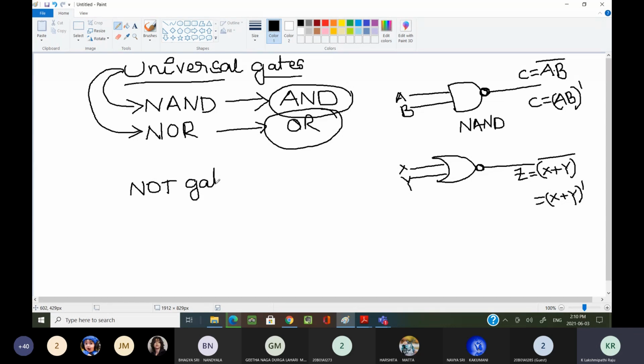I want to design this NOT gate by using a NAND gate. Why? Because I am saying that these two are universal gates, and you can use any one, whether it is a NAND gate or a NOR gate. First, we are going to see how we design a NOT gate by using a NAND gate.